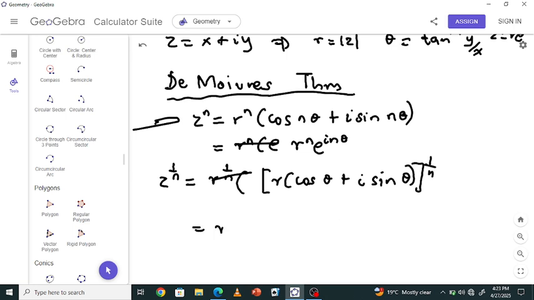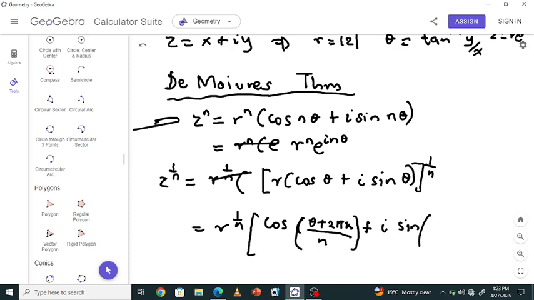That means we will have r power 1 over n into cos of theta plus 2 pi k over n, plus I sin of theta plus 2 pi k over n.